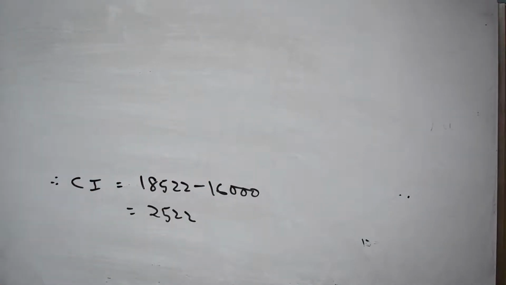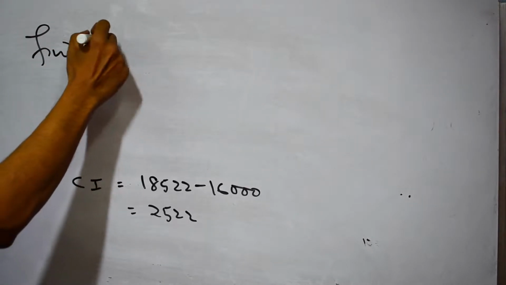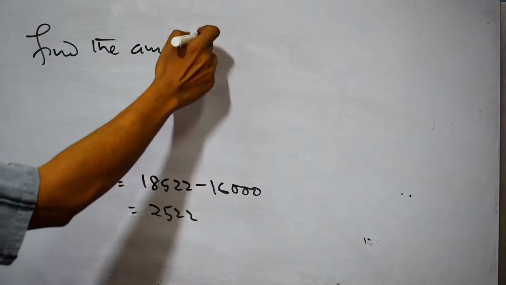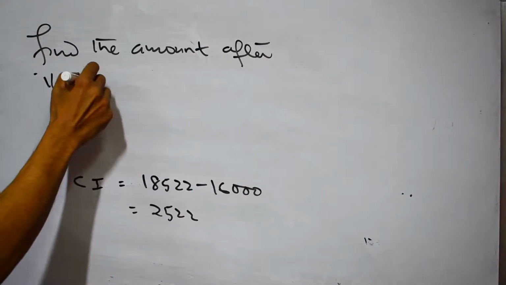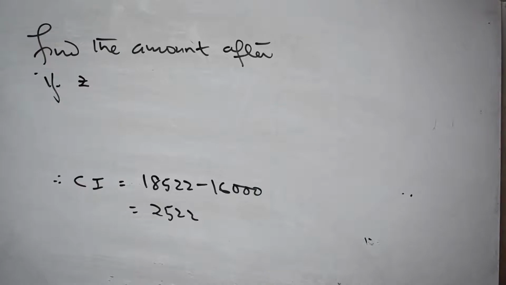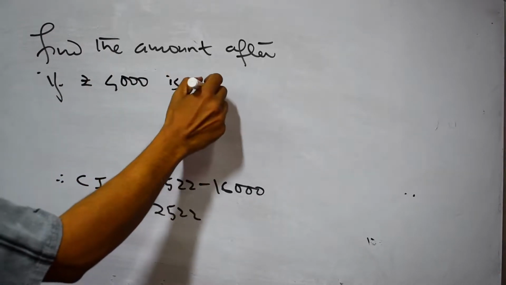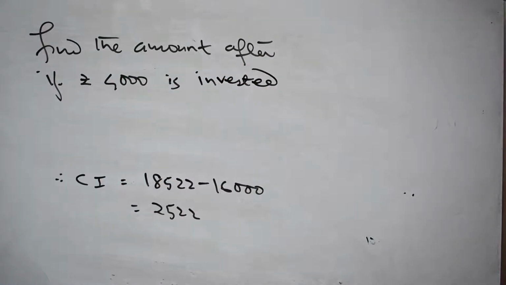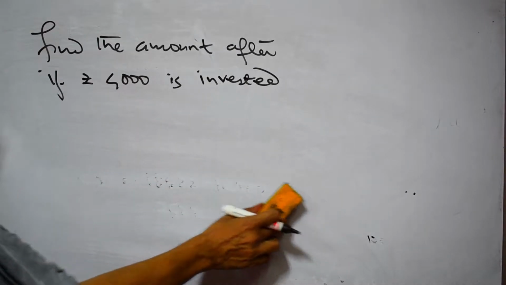Now another problem we can do here, that is find the amount. Find the amount after 6 months, if rupees 4,000 is invested. In this case if it is not invested, it is a loan, then also the same idea will be considered.